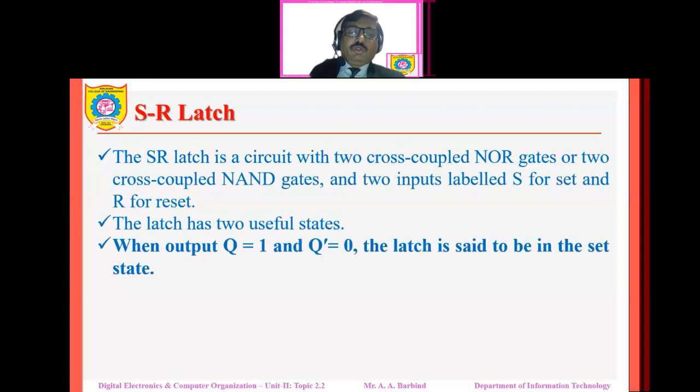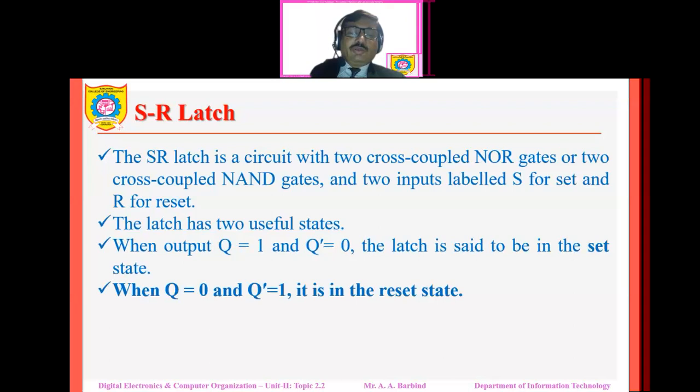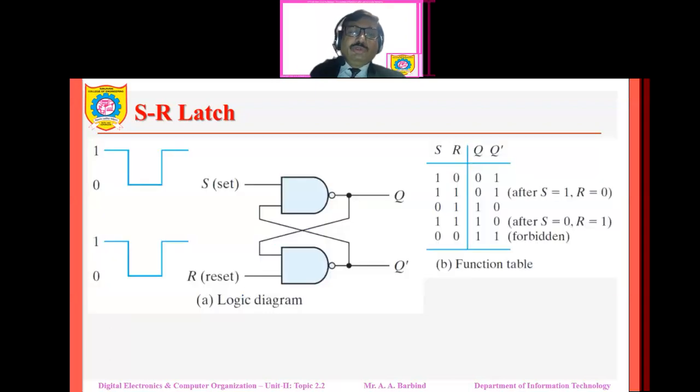When output Q is equal to 1 and Q bar is equal to 0, the latch is said to be in set state. When output Q is 0 and Q bar is 1, it is said to be in the reset state. So this is the implementation of SR latch using NAND gates.